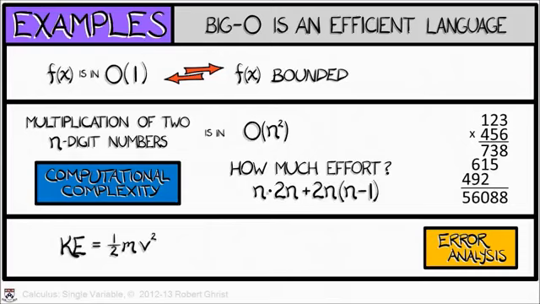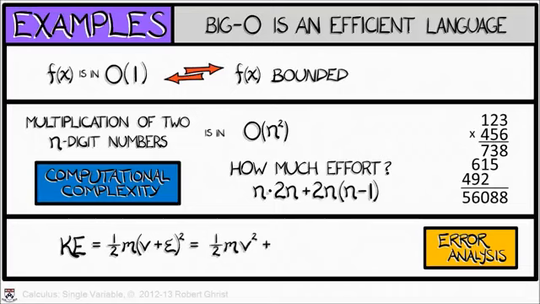Let's say that you know the kinetic energy of your body is 1/2 the mass times the velocity squared. But let's say that your measurement of the velocity has some error associated with it. Epsilon, we'll call that error, and we'll assume that epsilon is very small. What is the induced error in our kinetic energy?